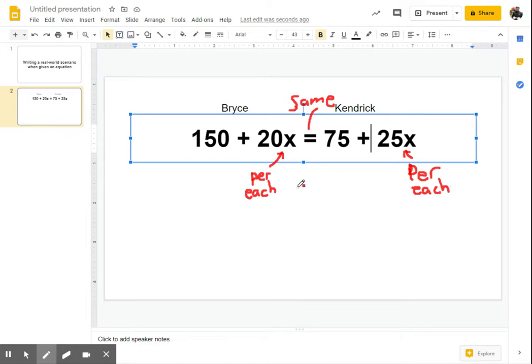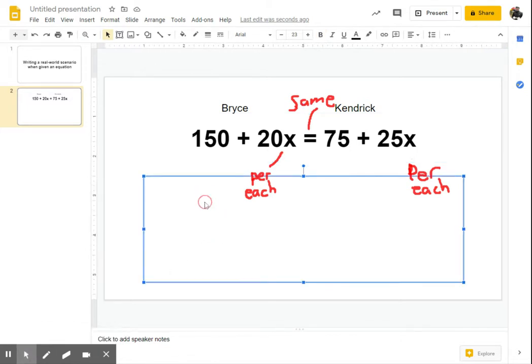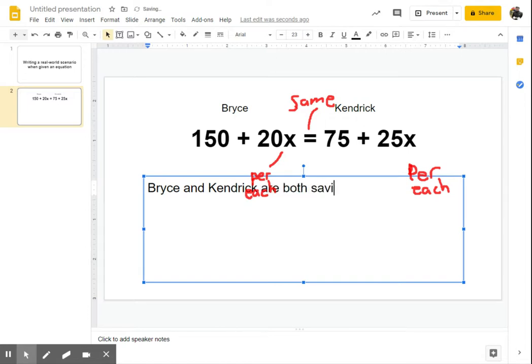All right. So now we get to fill this in or write this equation really any way we want. So let's say we've got Bryce and Kendrick. Let's say they're both saving up for the PlayStation 5.